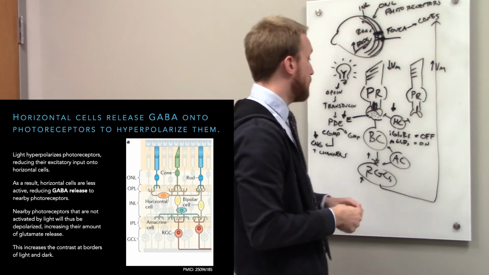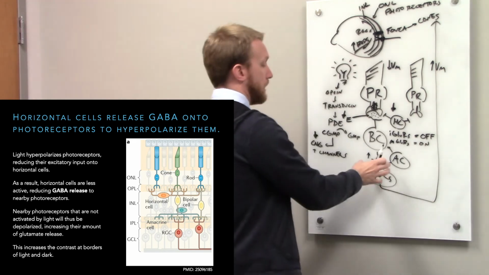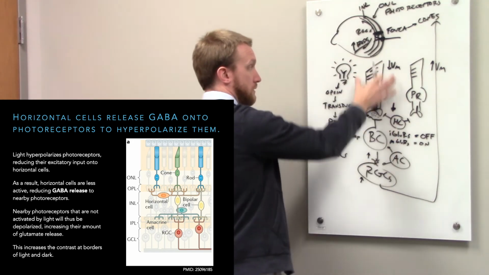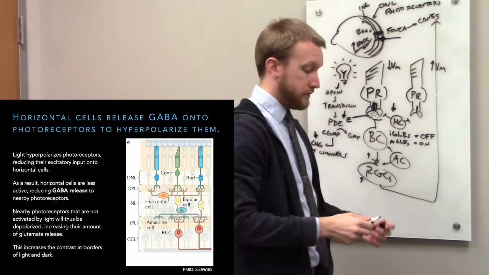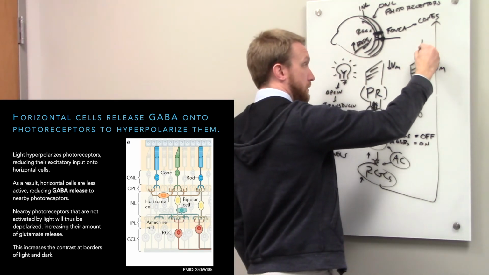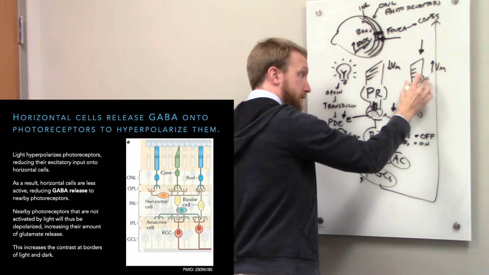It's also going to create polar opposite effects depending on whether the light is in the center of this retinal ganglion cell's receptive field or in the periphery. Think about what would happen if we shone the light here, not here. We're going to hyperpolarize this photoreceptor.